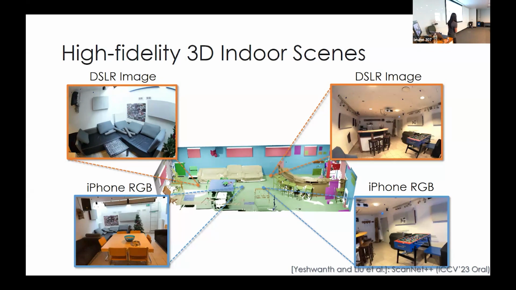So iPhone RGB has improved considerably since a few years ago, and it also has a depth stream, which we capture as well, so that you have the alignment between commodity sensor color and geometry, as well as the high-end pseudo-geometry capture from these high-fidelity sensors.